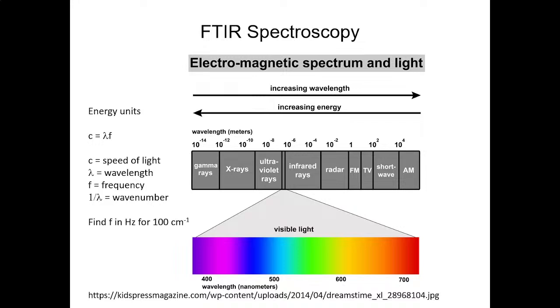Some people talk about near infrared, which is closer to visible red, and some people talk about far infrared, which is less energetic and further away from visible red, and some people talk about mid-infrared between those two. That's just some of the terminology you might encounter when you're talking about infrared.